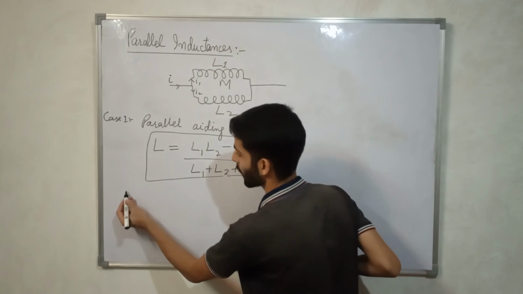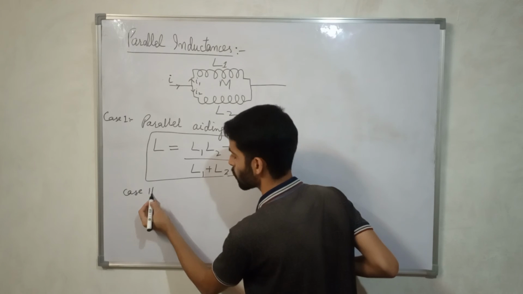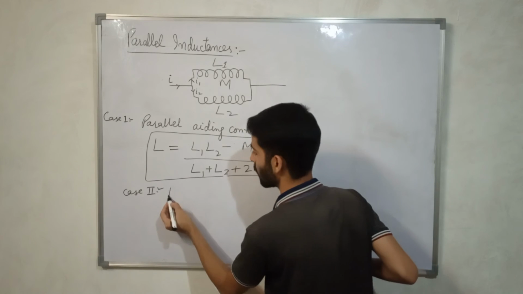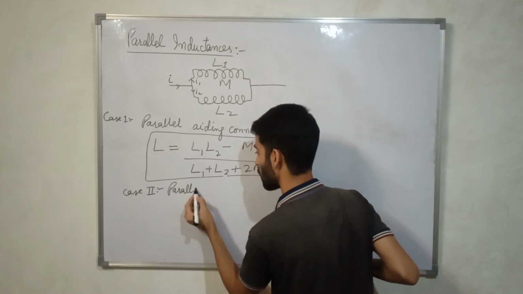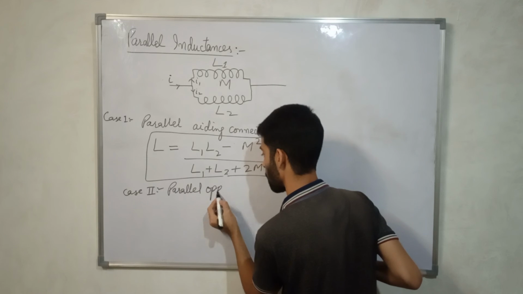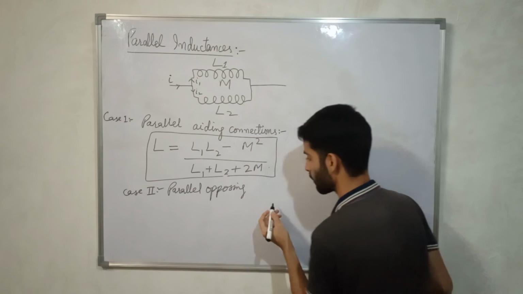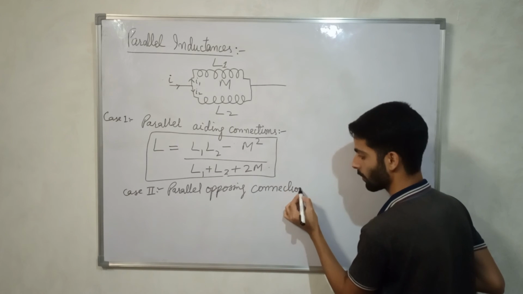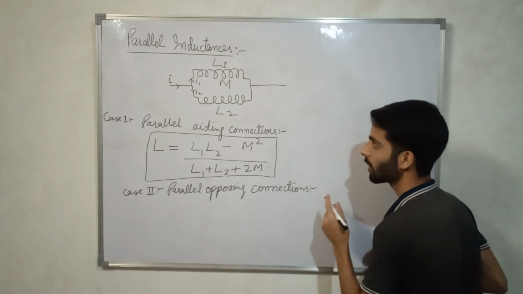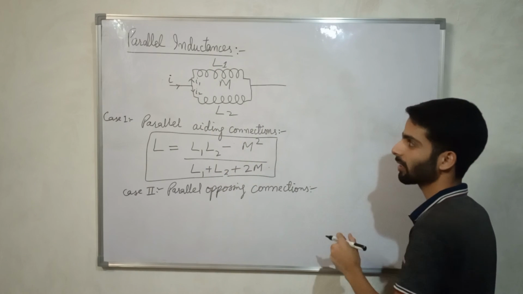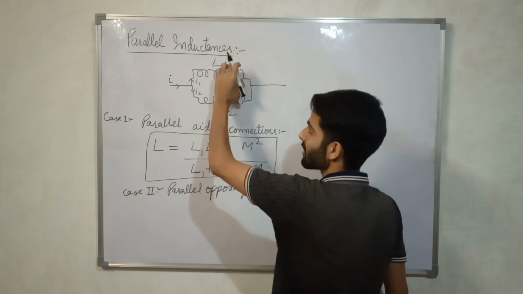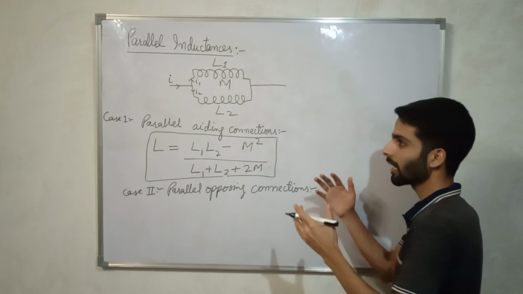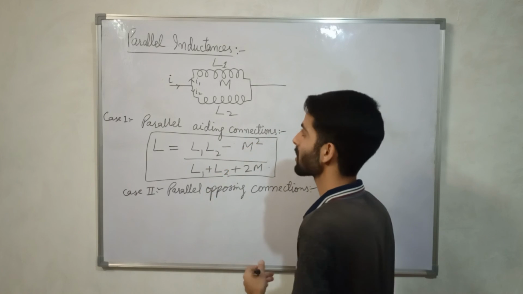In case of the second case, parallel opposing connections. Over again, what does this mean? The two inductances are in parallel, but the flux lines in this and the flux lines in this don't have the same direction, they are in the opposite direction.